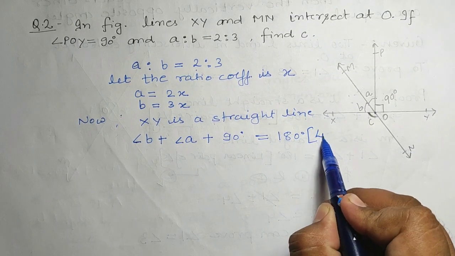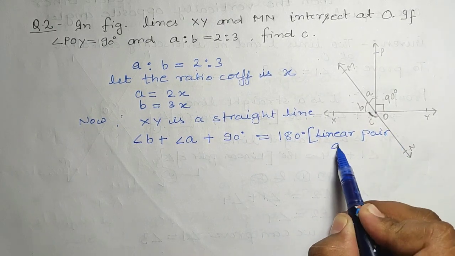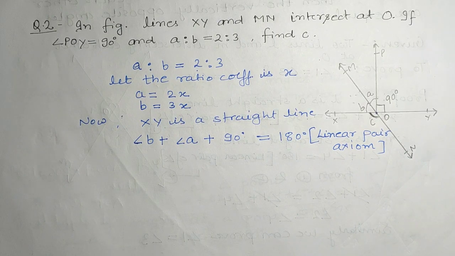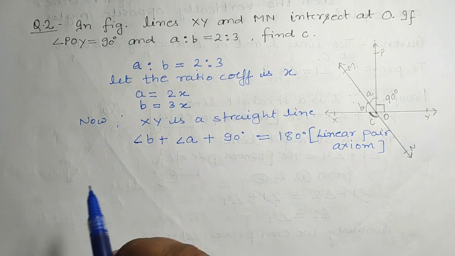Why? Because of the linear pair axiom. We have studied the linear pair axiom. So for that reason, angle B plus A plus 90 should be equal to 180 degrees.